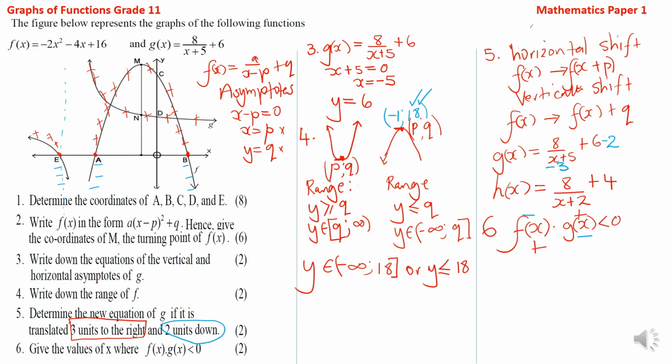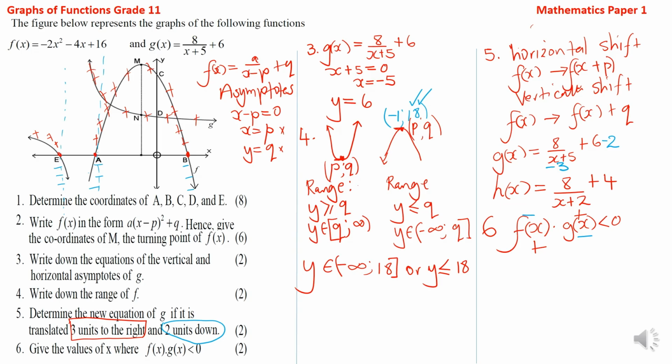Then we look at point A. If you compare the graphs between point E and point A, the graph of f is below, which is negative, but the parabola is going downwards from point A to E. The parabola is on the negative side, but the hyperbola up there, one part of it is on the positive side.